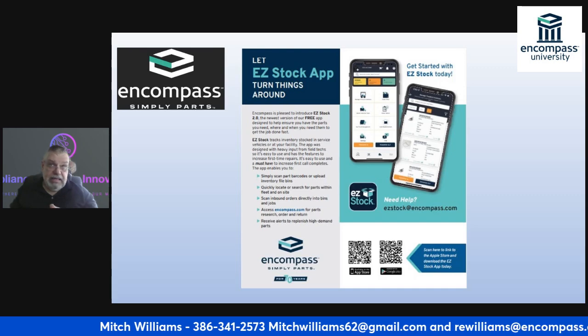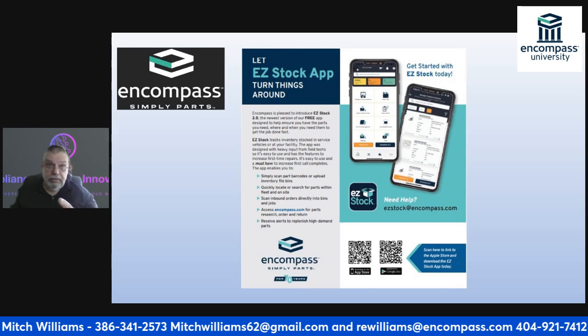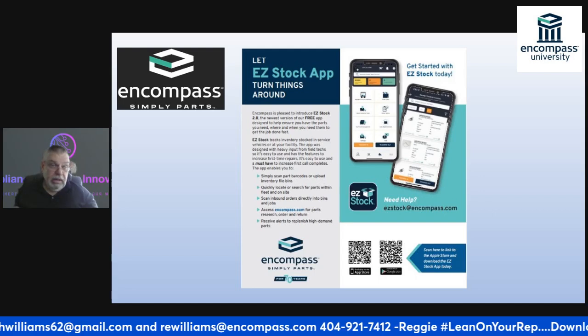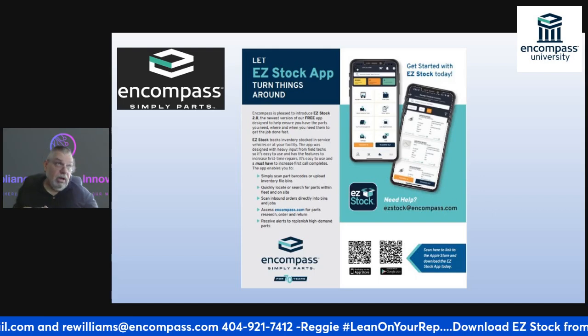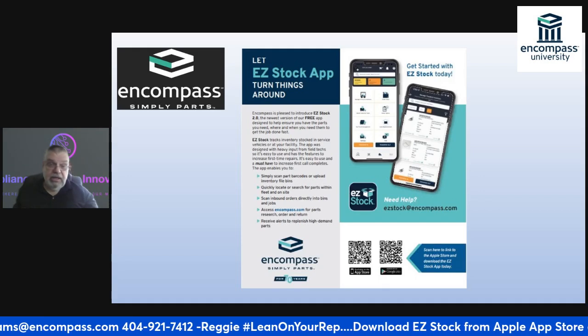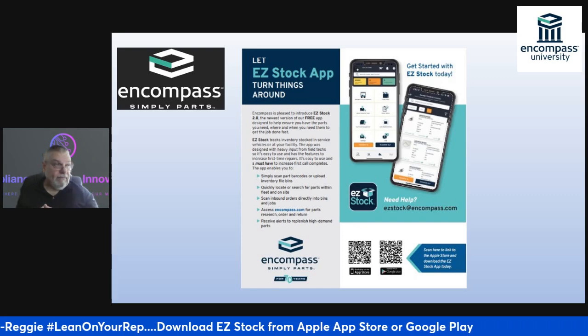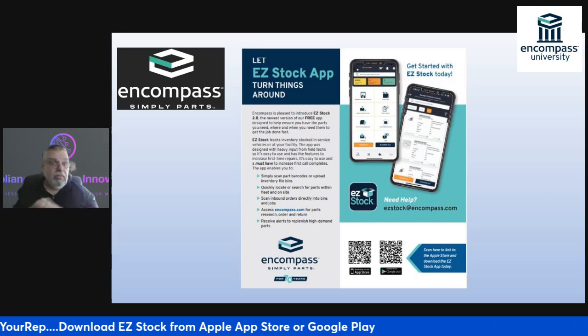Whenever it gets down to one, it will actually reorder it, and I hope that I don't need it before I have it again. It's a fantastic thing. It will pre-order from Encompass.